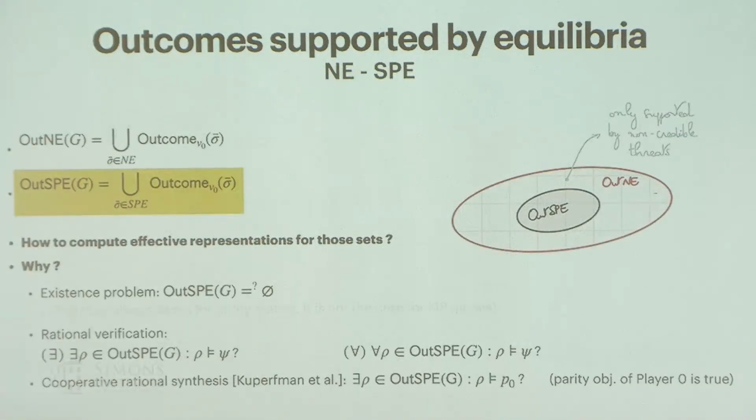So the objective of my talk is to provide an algorithm that will be able to construct an effective representation of this set that I call all SPE. So it's the set of outcomes in the game graph that are supported by SPE, right? You can also define the outcomes that are supported by Nash equilibria, and so it's all the outcomes that are observed when we play a Nash equilibrium.